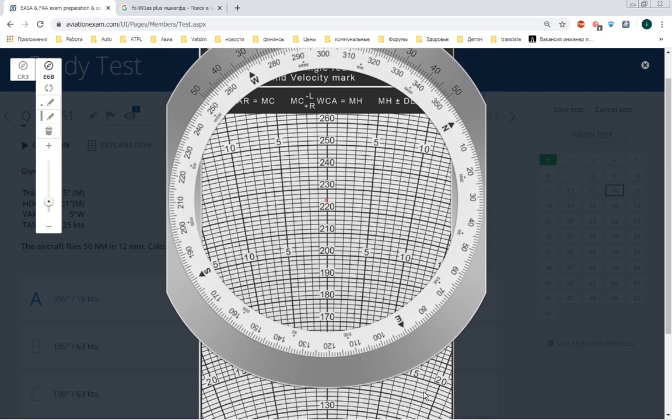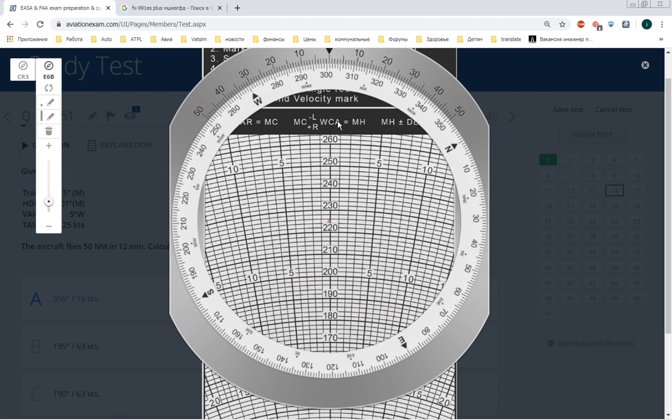So just think, our heading is 301 degrees, but our track is 315 degrees.